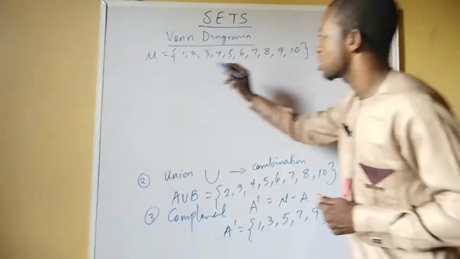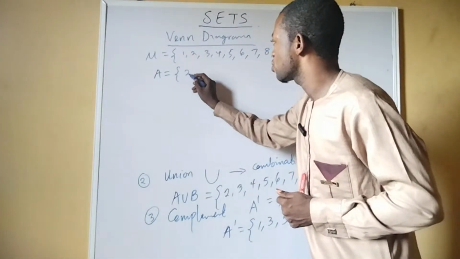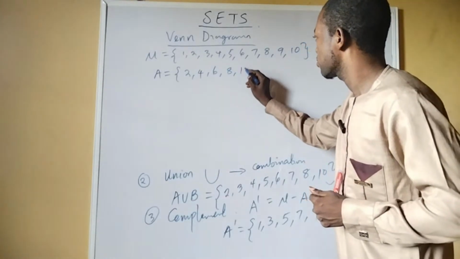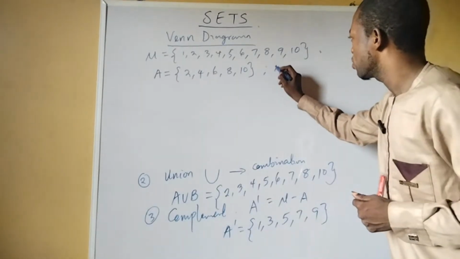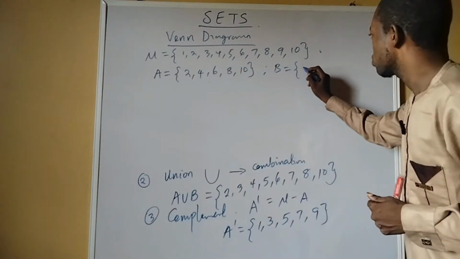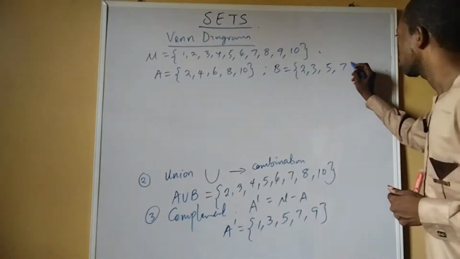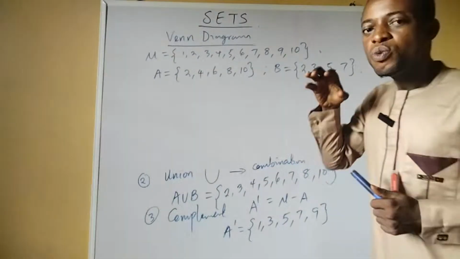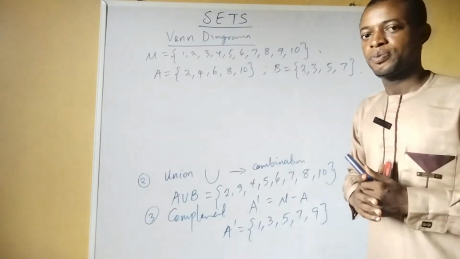I have set A, which is the set of even numbers: 2, 4, 6, 8, 10. And I have set B, which is the set 2, 3, 5, 7. The same way, we can use a Venn diagram to describe these sets.